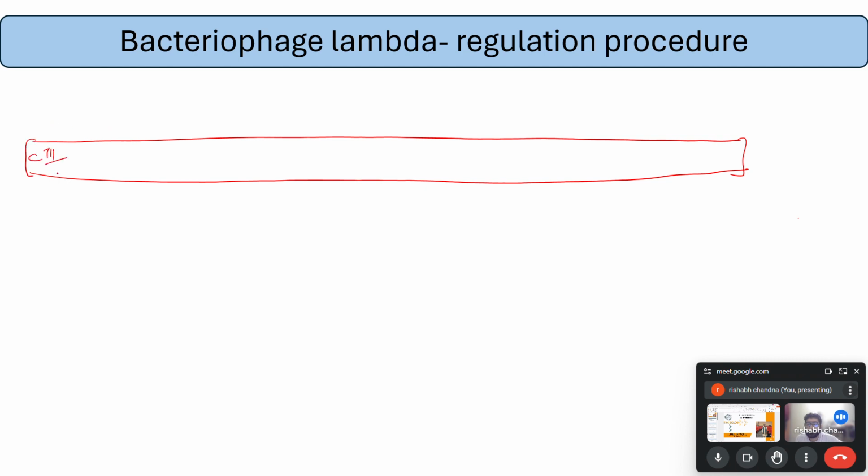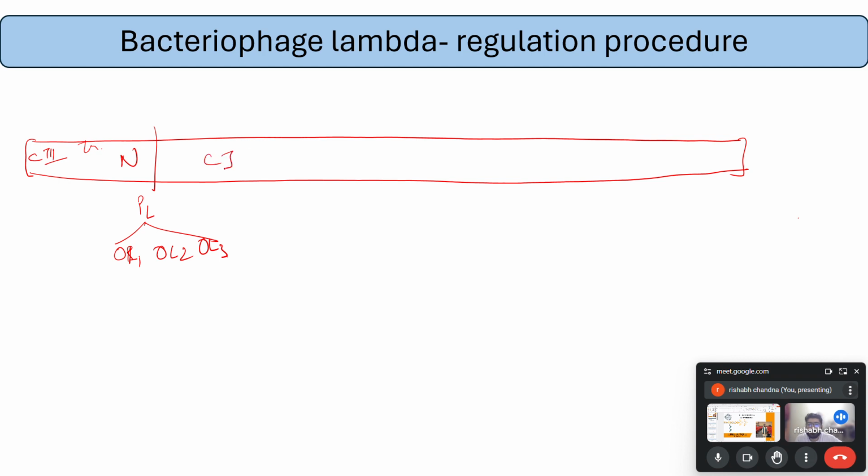We have C3 here, followed by N. Here we have a terminator. Here we have promoter PL, which also has three operators: OL1, OL2, and OL3.